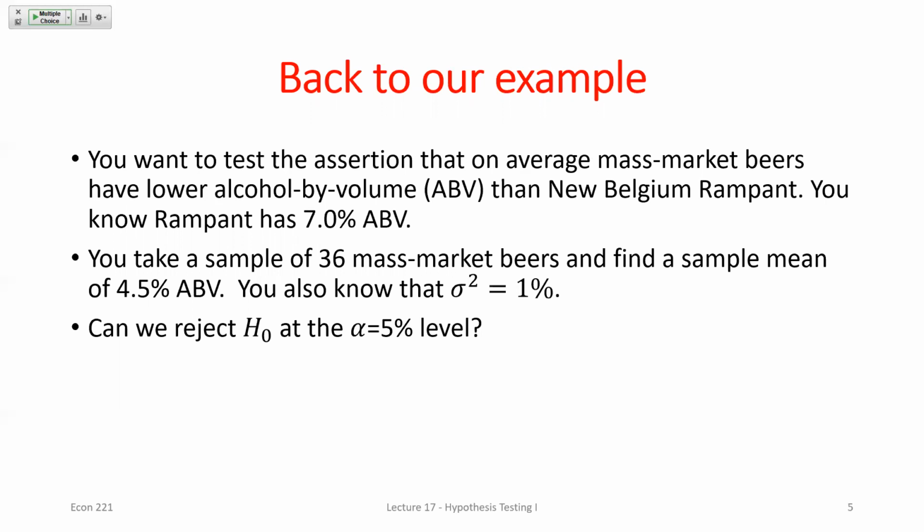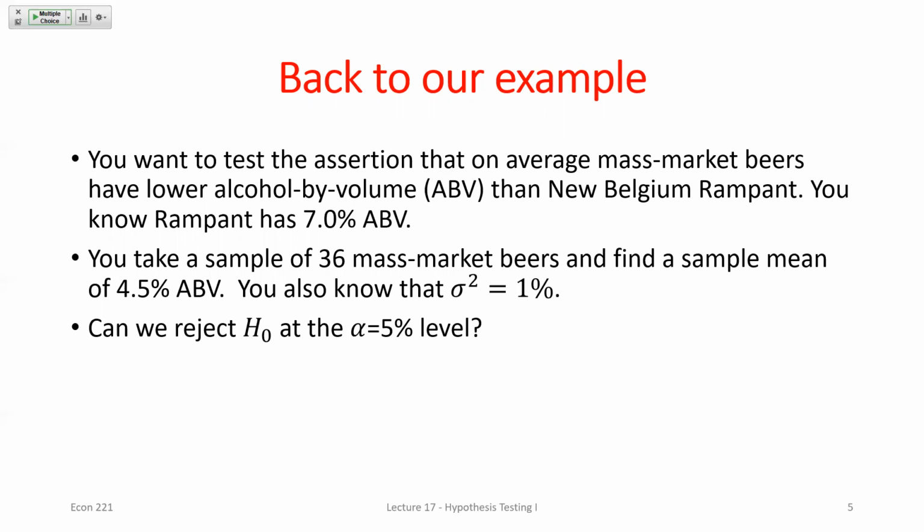So we stack the deck against ourselves, assume the opposite is true. The only evidence here that goes against the null is if we see something that's less than 7, or on the left side of the distribution. We've got a less than sign in our alternative hypothesis. So this is a left-tailed test.